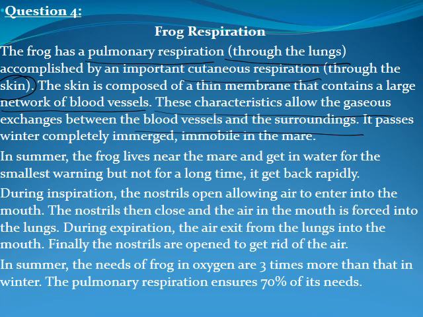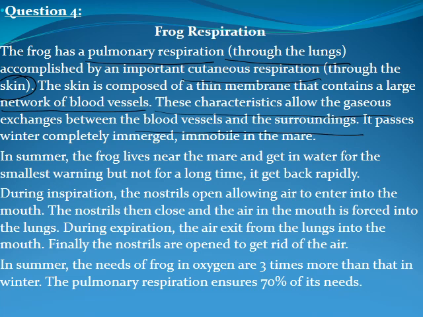It passes winter completely immobile in the mire. In summer, the frog lives near the mire and gets in water at the smallest warning, but not for a long time. It gets back rapidly. During inspiration, the nostrils open, allowing the air to enter into the mouth, and then the nostrils close and the air in the mouth is forced into the lungs.